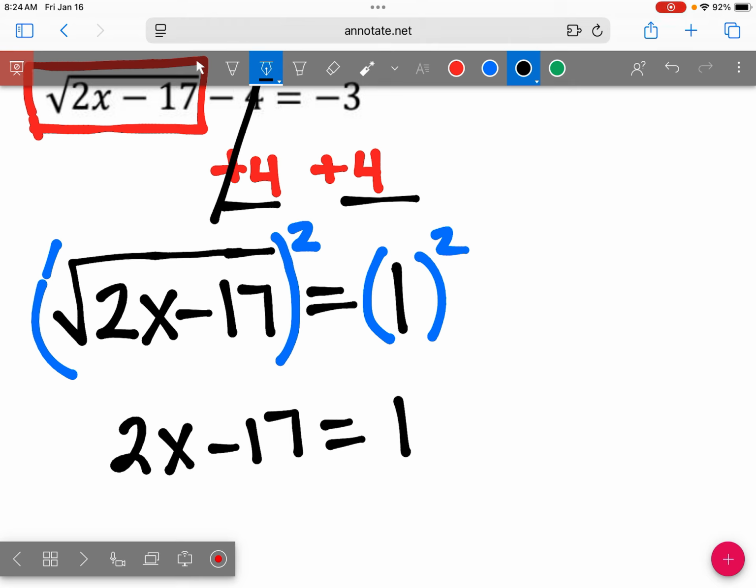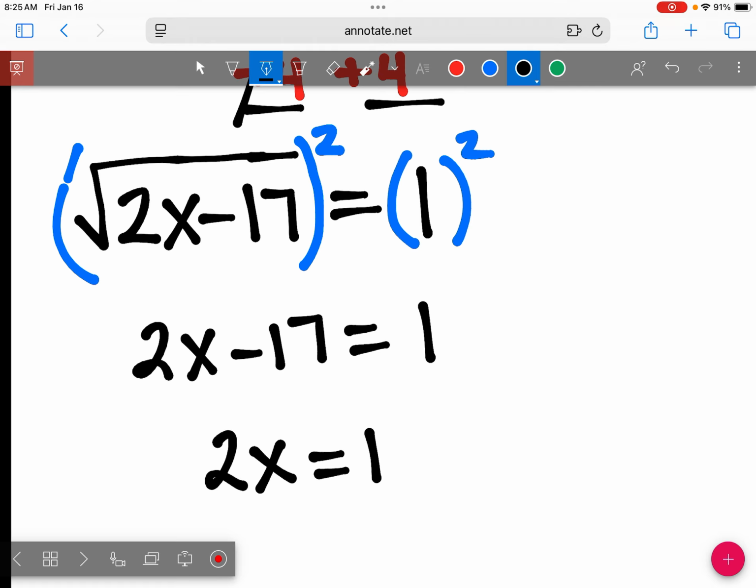See our answers that we get. Okay, 9, good job. So we're adding 17. 1 plus 17 is 18.